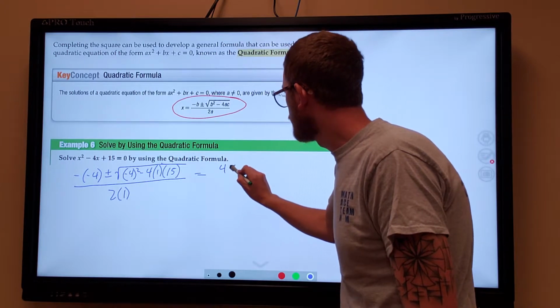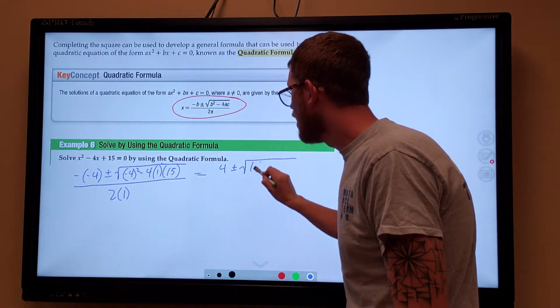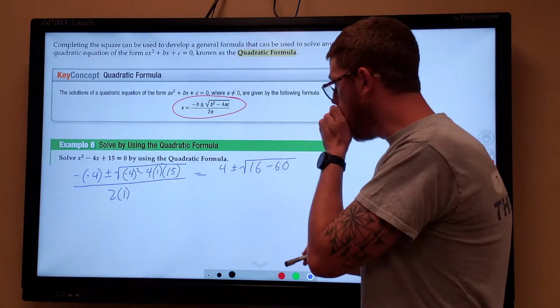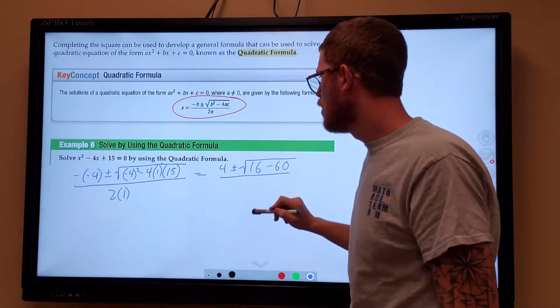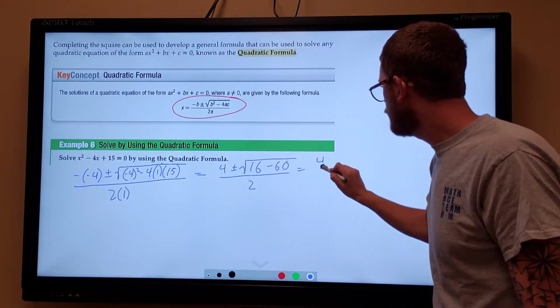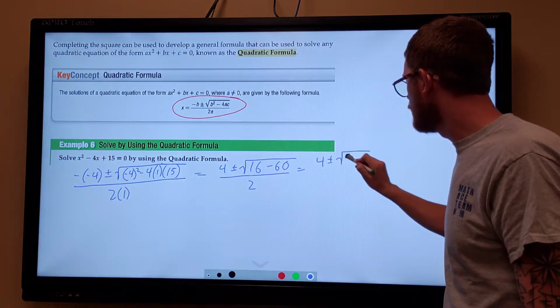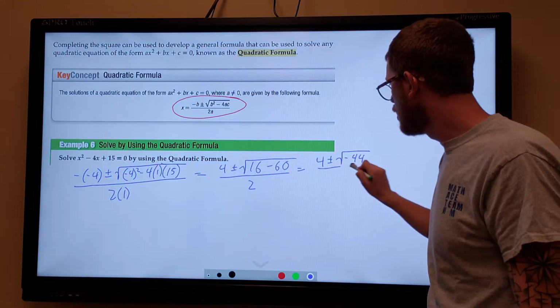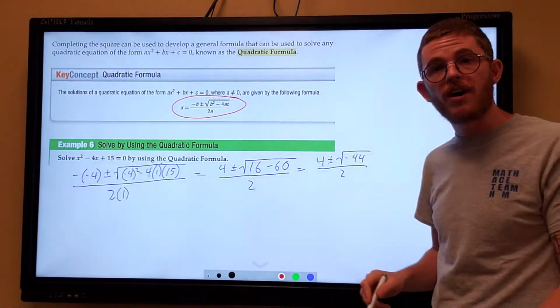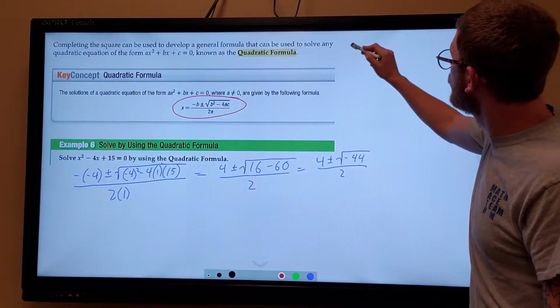So this is 4 plus and minus the square root of 16 minus 60, all over 2. This is 4 plus and minus the square root of negative 44, all over 2. We want to simplify that square root of negative 44.